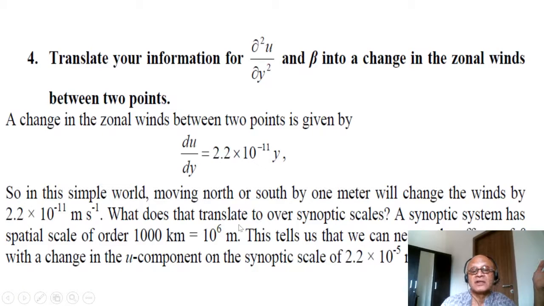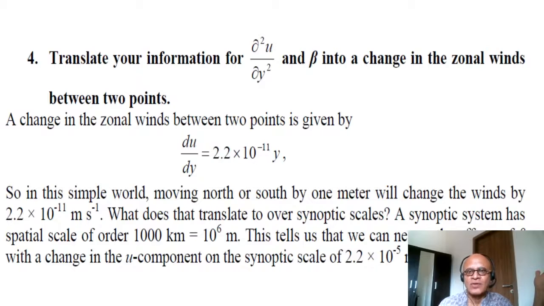What does that translate to on our synoptic scales? The synoptic system has a spatial scale of order 1,000 kilometers, or 10 to the 6 meters, which tells us that we can negate the beta effect with a change in the u component on the synoptic scale of 2.2 times 10 to the minus 5 meters per second.